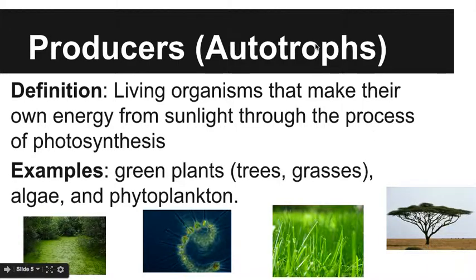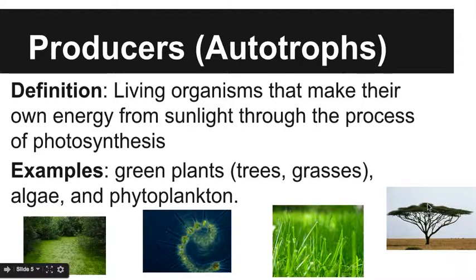So let's talk about the producers. Here we have the header or the autotrophs. So producers are auto, meaning self energy. So they get energy from themselves. So here's the definition of a producer or an autotroph. It's a living organism that makes their own energy from sunlight through the process of photosynthesis.